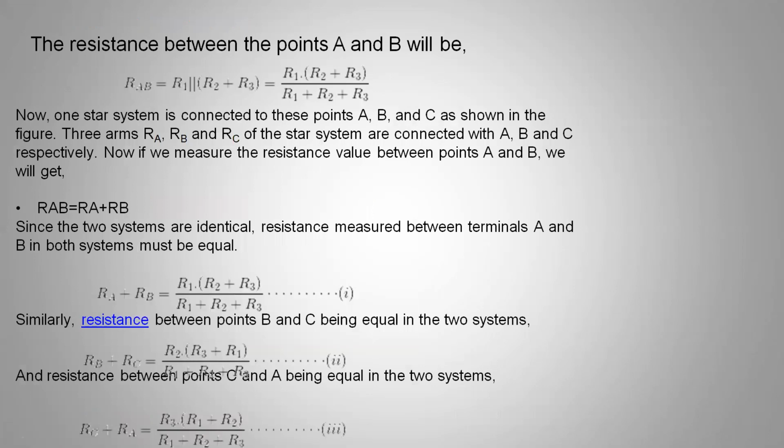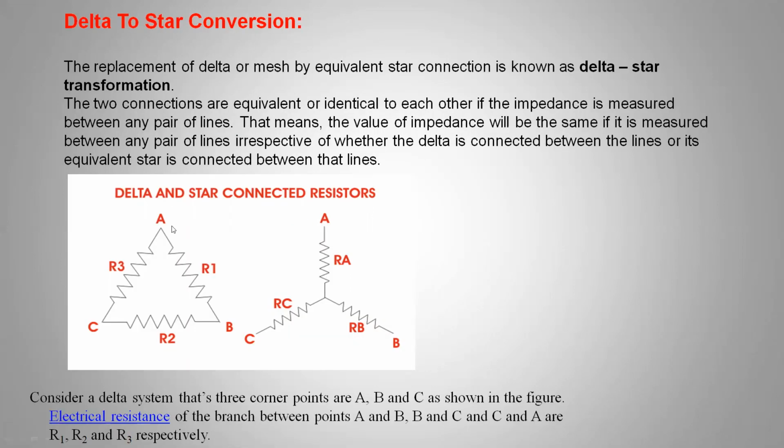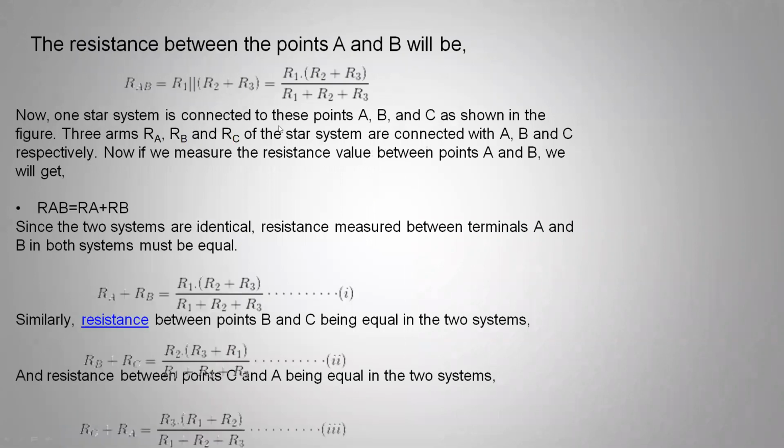Okay. The resistance between the points A and B. What is the resistance between the points A and B? In the delta, it is R1.